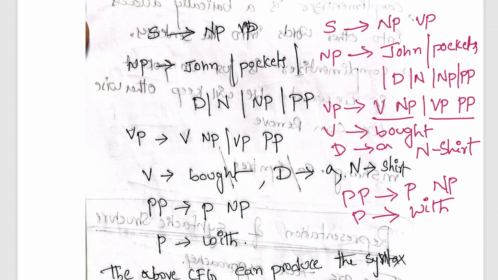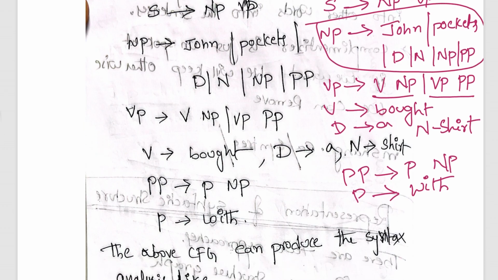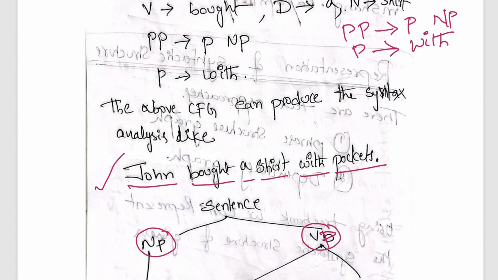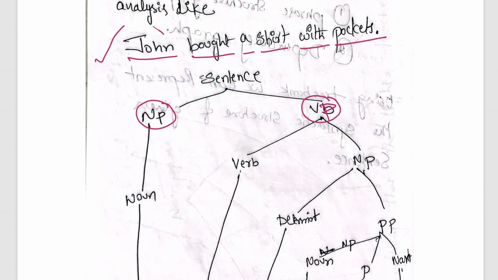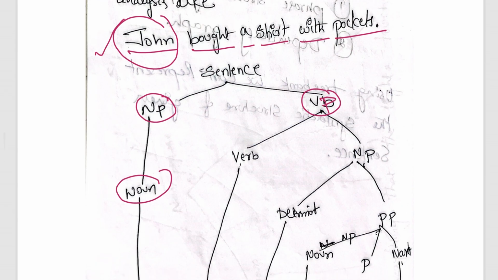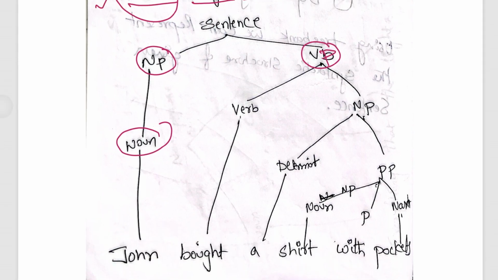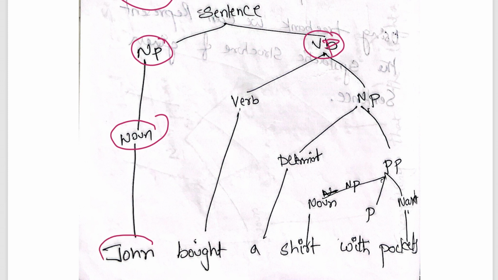From this grammar we need to take one option based on our given input sentence. The first word in the given sentence is John, so we take the noun, and the noun is John. Now the noun phrase is completed for our given sentence.